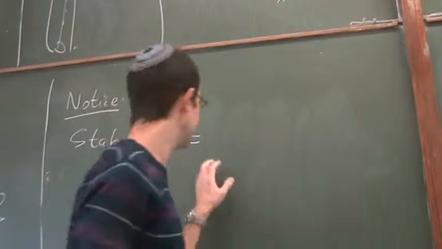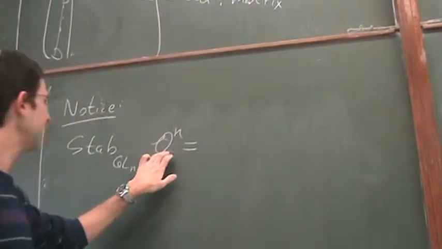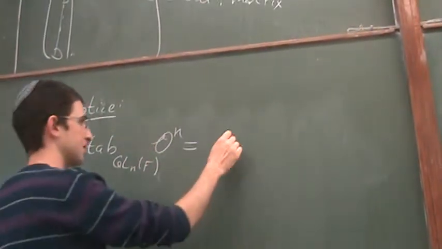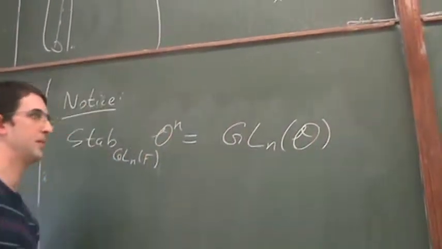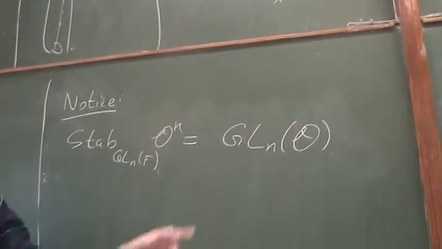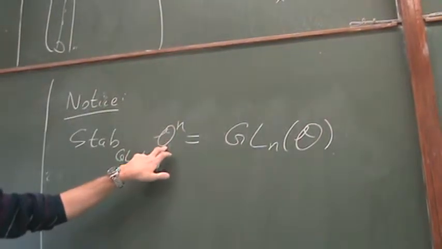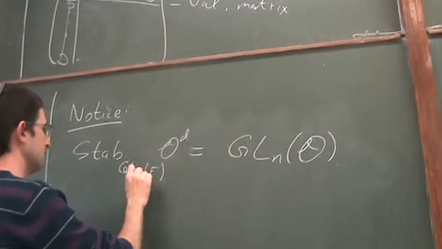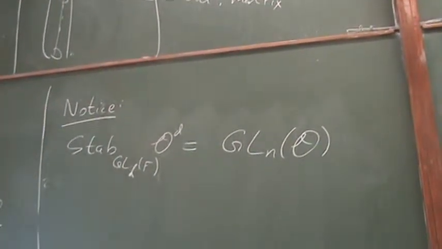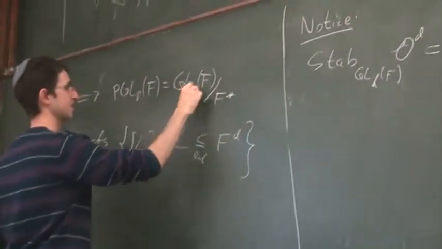So I have a basis, so I have this lattice, so the stabilizer is just going to be GLd(O), namely matrices which are invertible over O. So this would fix O to the d.